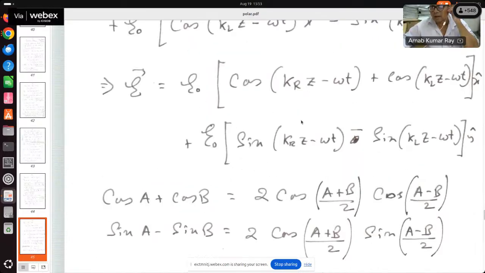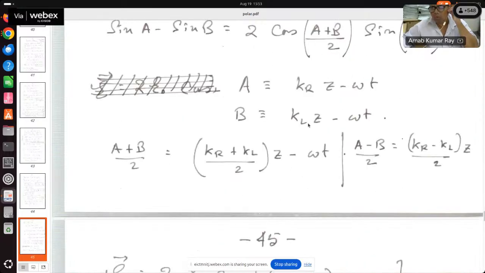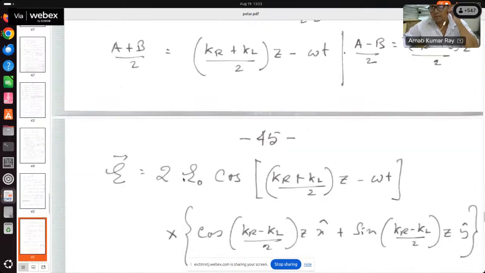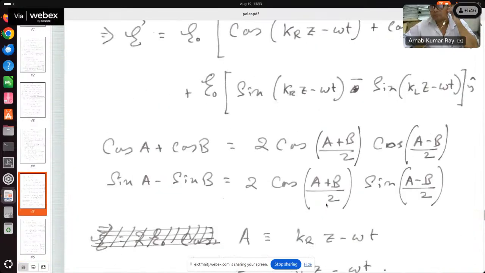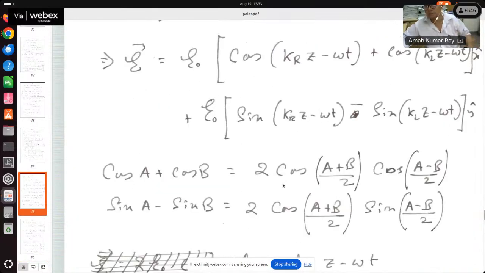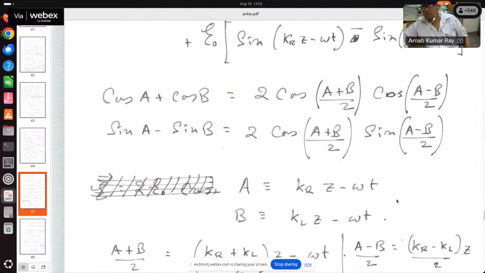Adding these two things up, what we will get is E equal to 2 cos of (A plus B) by 2 along x, and the same for the other component.